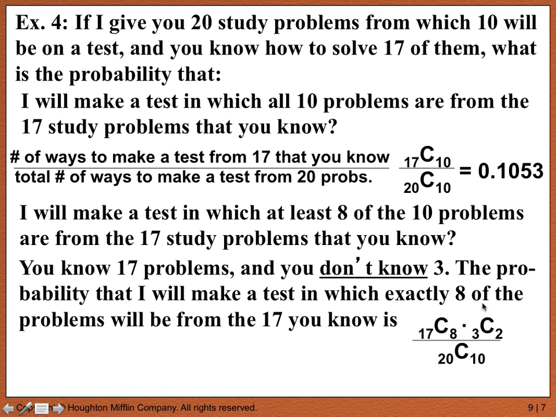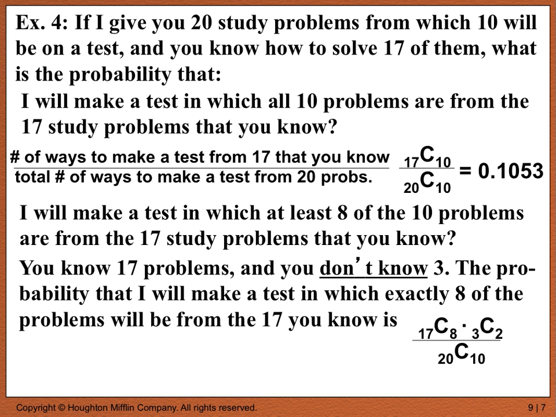Okay, so this whole expression, 17C8 times 3C2 divided by 20C10, gives me the probability of getting a test in which exactly 8 of the 10 problems are from the 17 that you know.